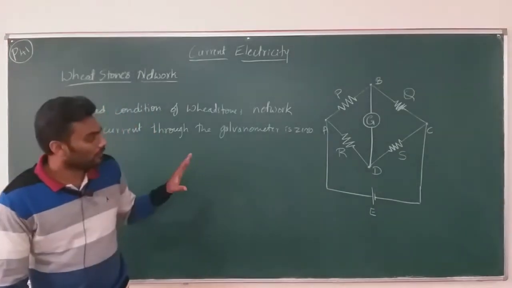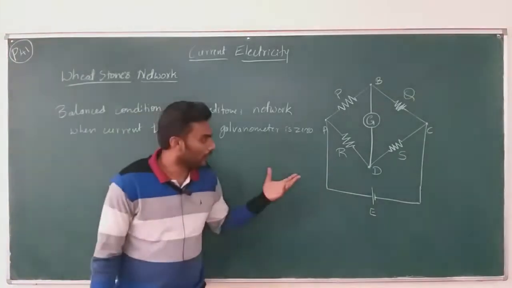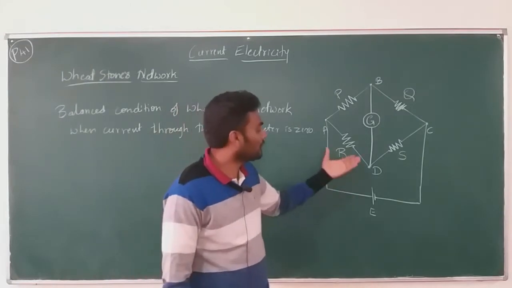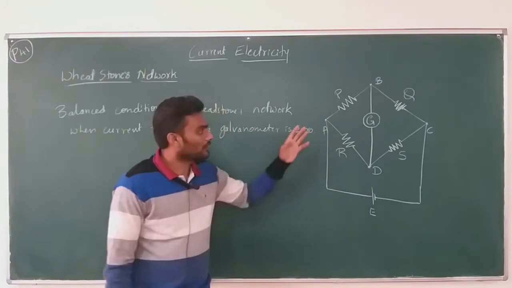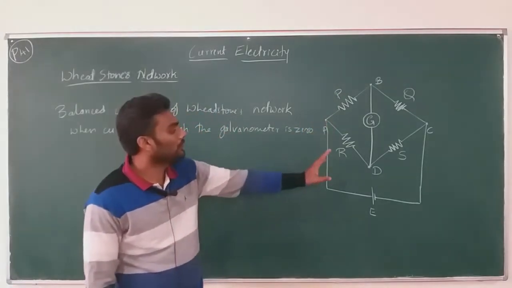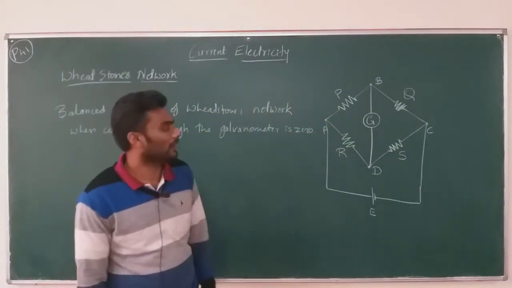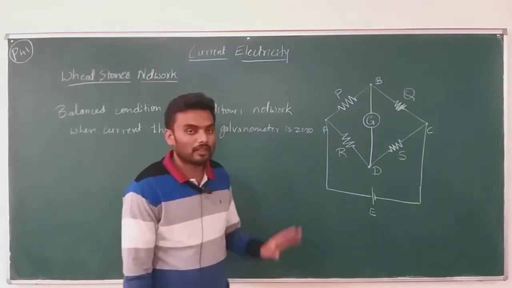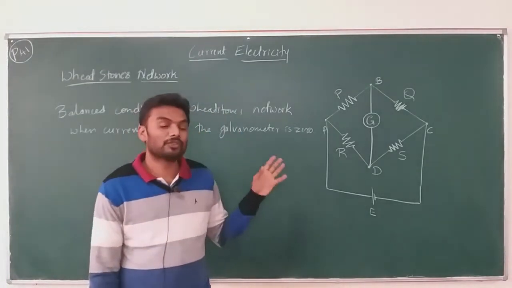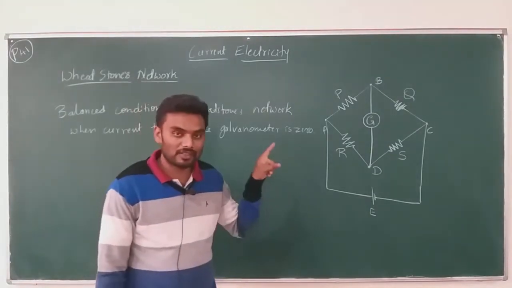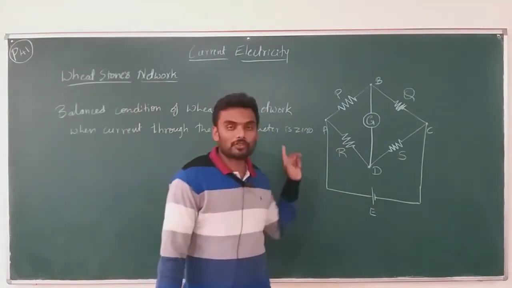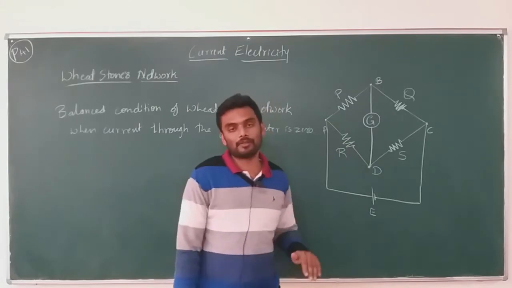Okay, so this is the basic base in which we are going to derive the expression for the relation between P, Q, R and S. Okay, clear on that? So when do we say the Wheatstone's network is balanced? When the current through the galvanometer is 0, we say the Wheatstone's network is balanced.